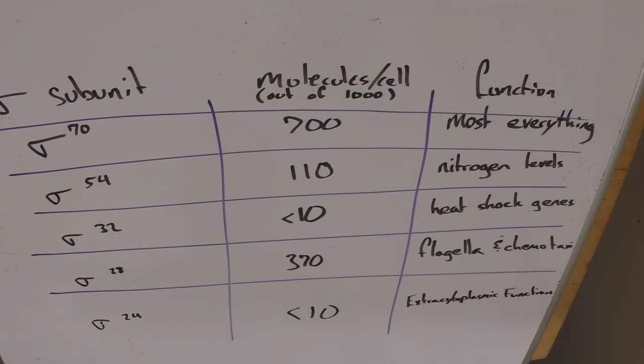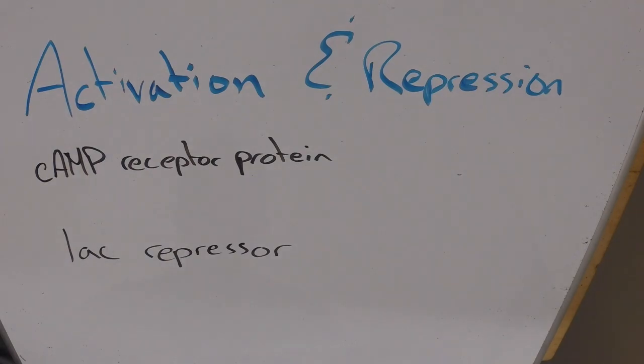So next we're going to move into the different forms of regulation. So let's briefly talk about activation and repression in E. coli. The binding of proteins to sequences around the promoter will affect the rate of transcription of mRNA.